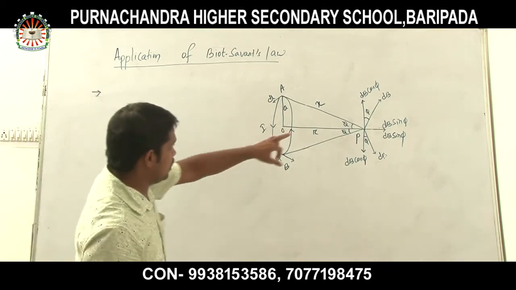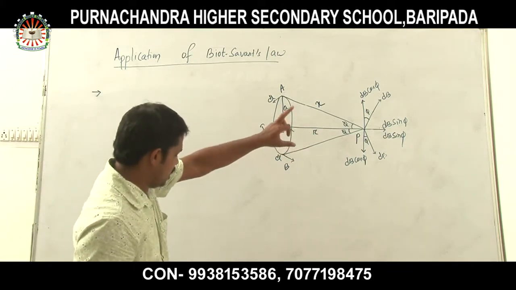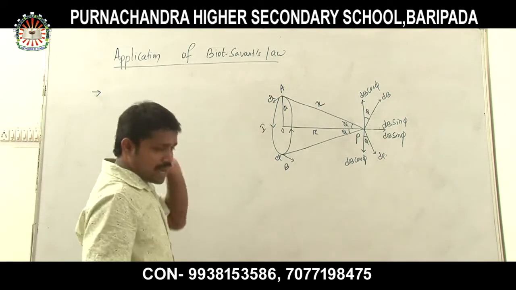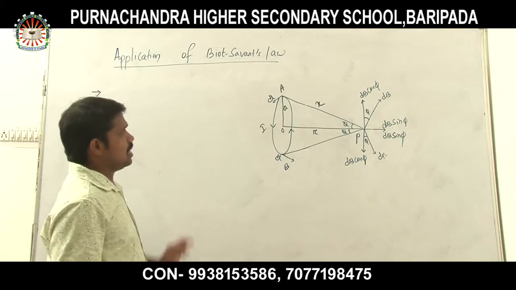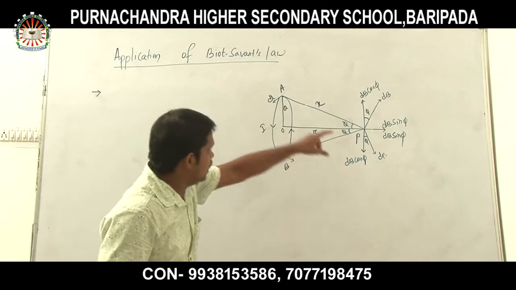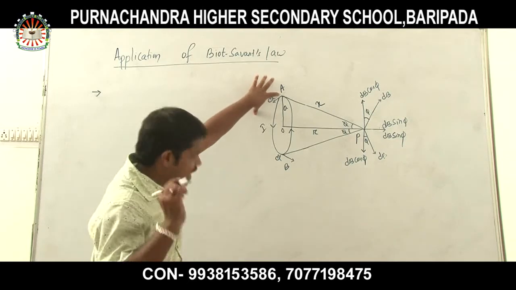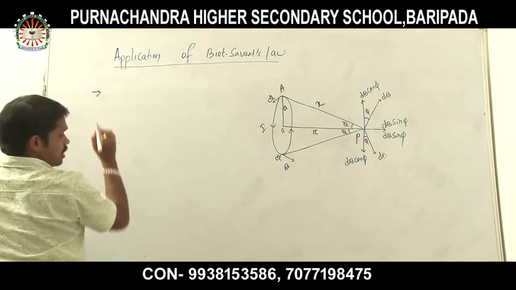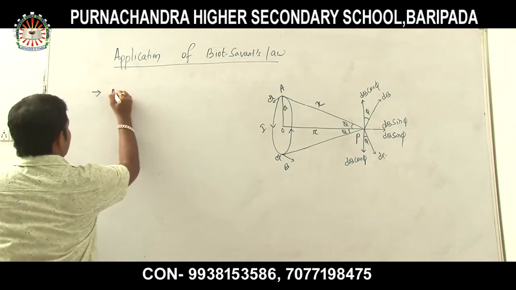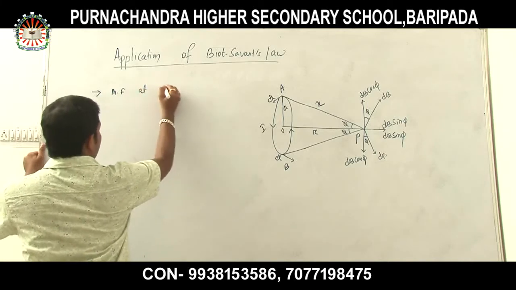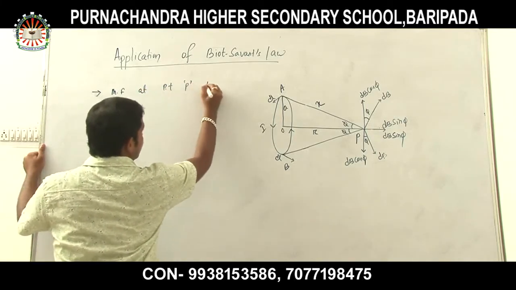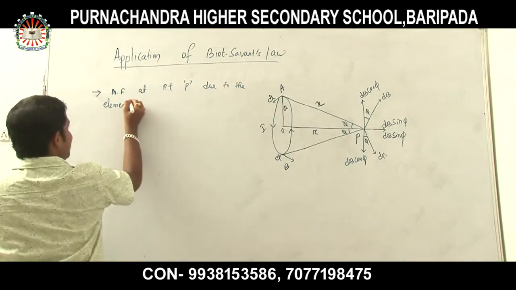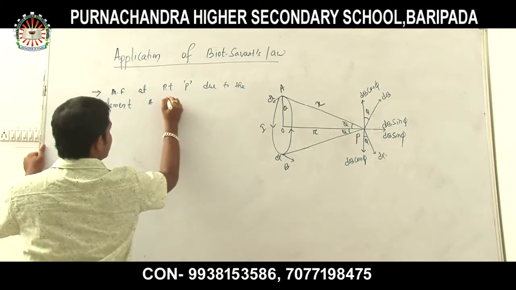I have to find out the magnetic field at point P due to the small element at A. Again I will repeat. First, I have to find out the magnetic field at point P due to the small element at A. So what is the expression? Let us find out. So I have to write down the magnetic field at point P due to the element at A.